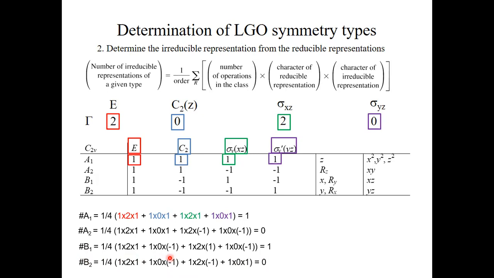Okay, so now we have determined the symmetry types of our ligand group orbitals. One has the symmetry type A1, the other one has the symmetry type B1. And our reducible representation is made of the two irreducible representations. One has symmetry type A1 and the other one B1.